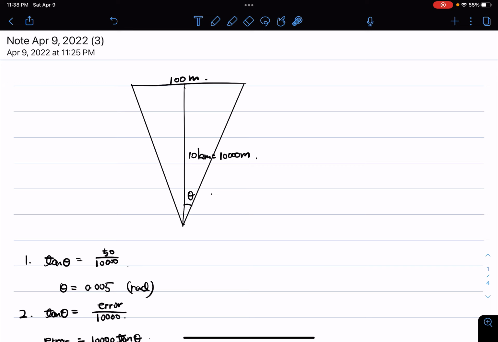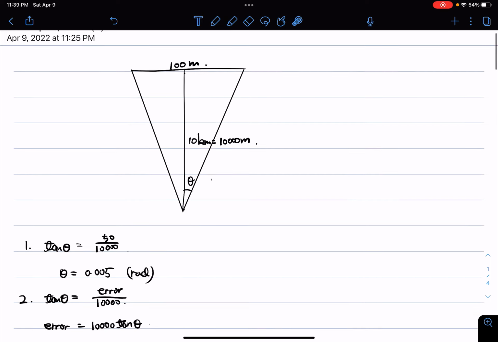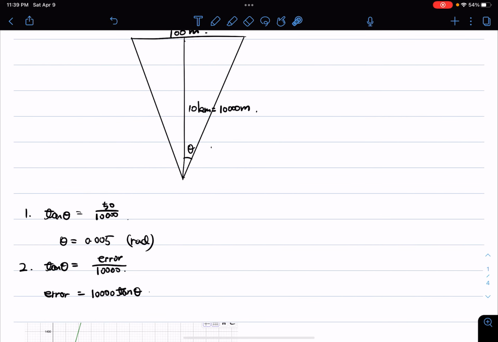So the largest theta you can get is when you head to the right edge of the entrance, which is 50 meters away from the center of the entrance, and this is how I make theta right here. So this is 50 meters and this is 10,000 meters, so we can make an equation. Tangent theta is 50 over 10,000, which makes theta 0.005 radian.